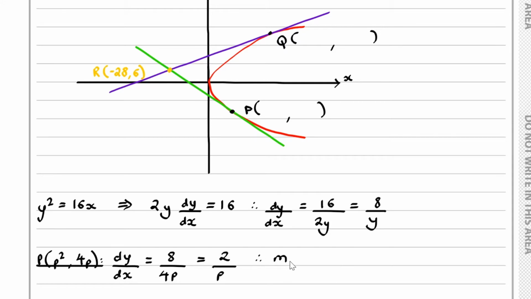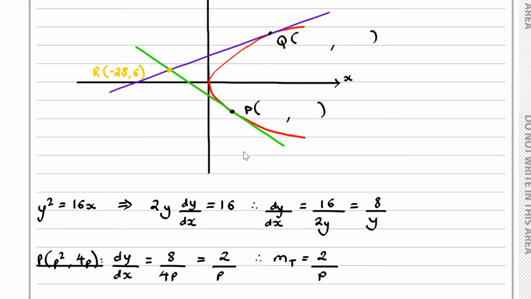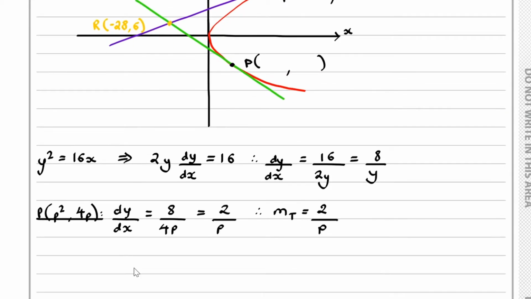So the gradient of the tangent is equal to 2 over p. And with this we can find out the equation of the tangent. We have y minus y1 equals m lots of x minus x1.